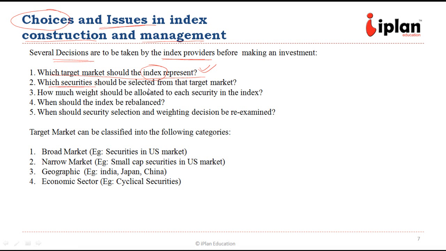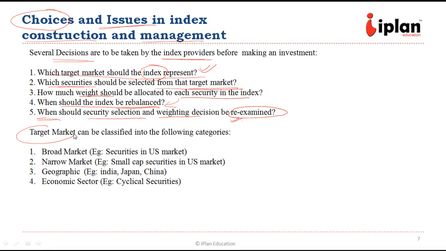Then which securities should be selected from that target market so that the market is represented well in the index. Then what should be the weight given to each security in that index, and once the index is created, how should it be rebalanced, and when should this rebalancing and security selection be re-examined.